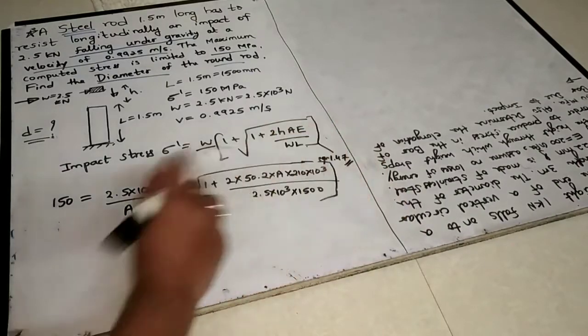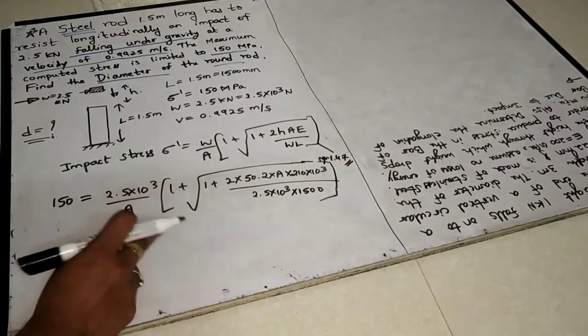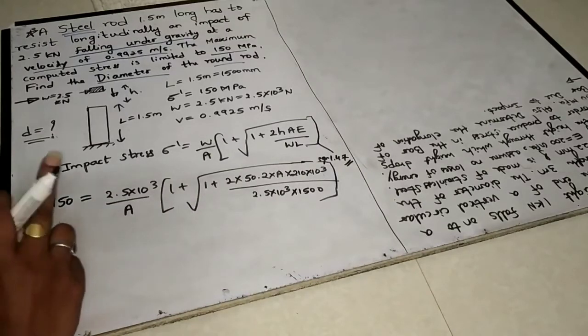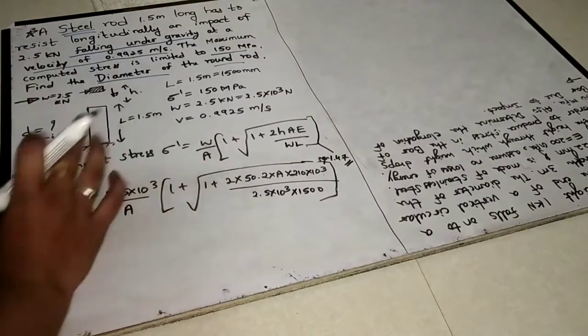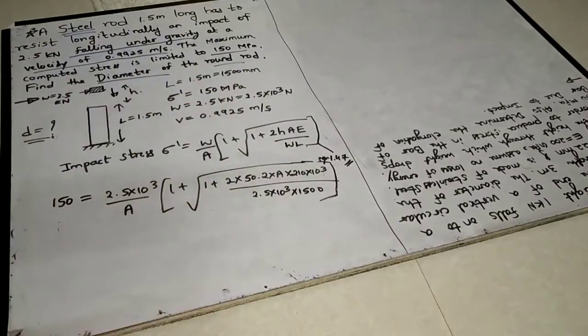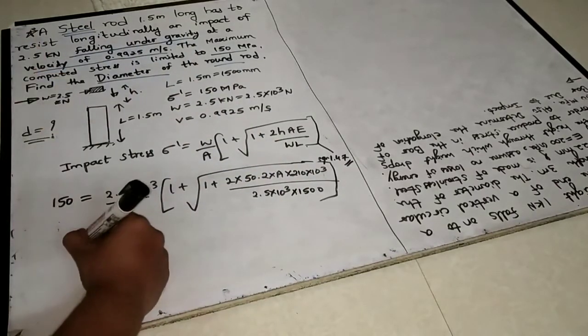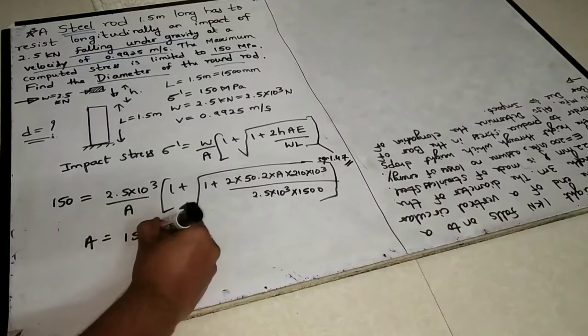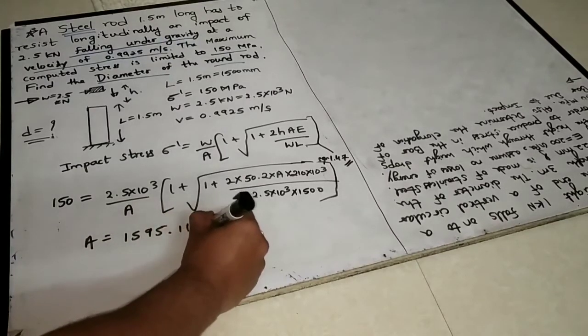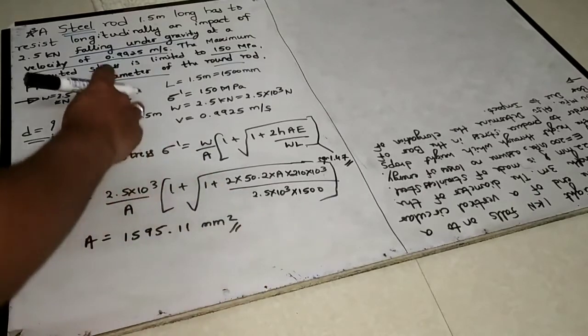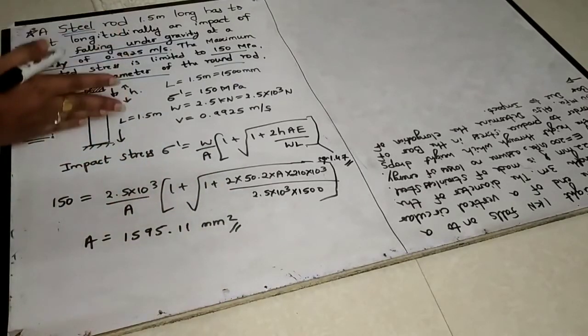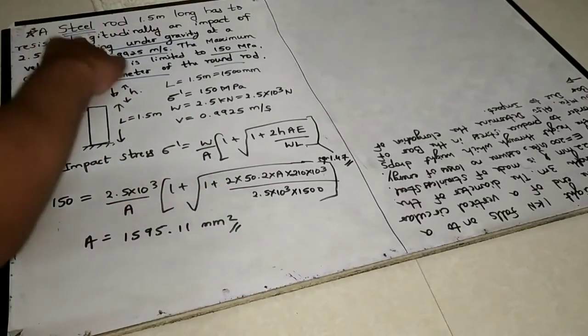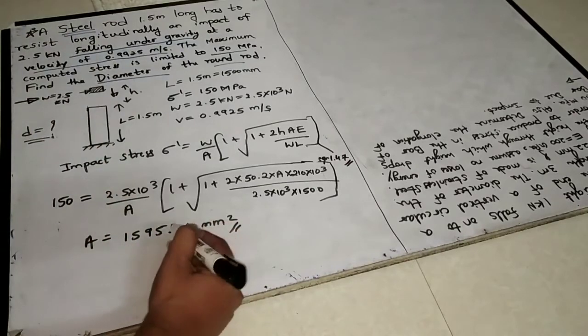Now in the last class also I told how to solve this. So either you square both the right hand side and left hand side, or simply you put it in the calculator. So cross-sectional area A equals 1595.11 mm square. This is the cross-sectional area of this rod. If you take a section throughout this rod, you'll be getting this area.